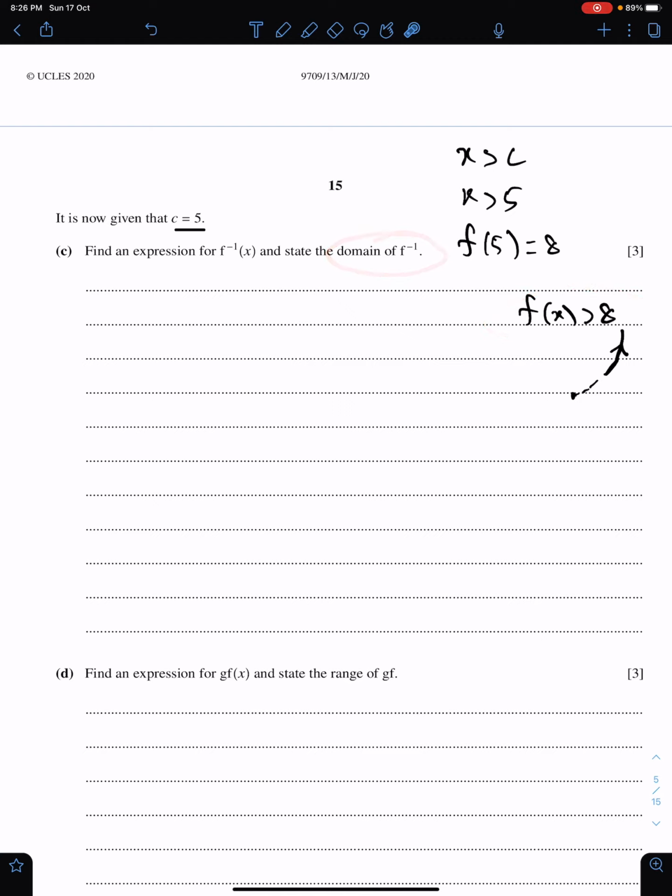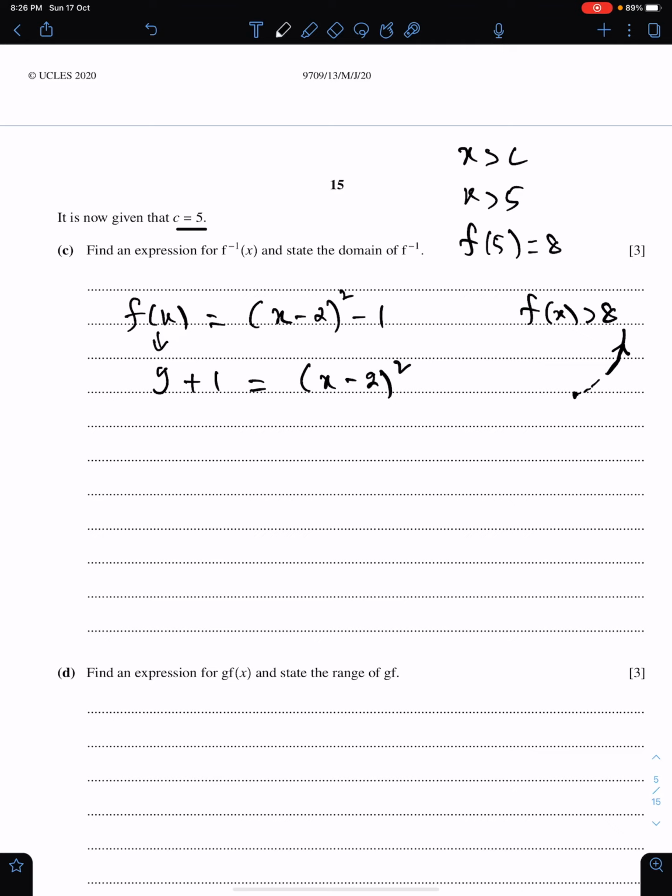Well, we need the expression for f inverse. For that, we need to use the completed the square form of f, which is x minus 2 whole square minus 1. Now we have to replace this by y, and we need to bring 1 on the left hand side, and then we need to take the square root.